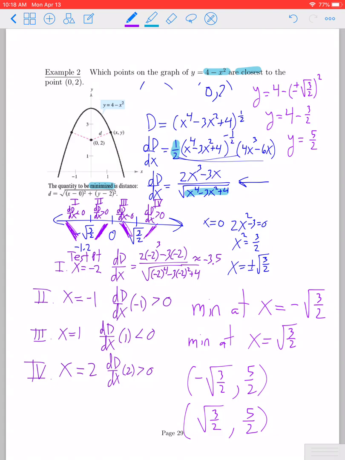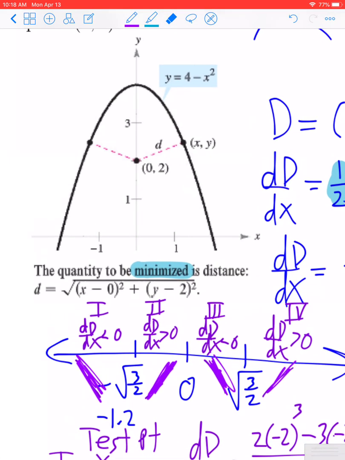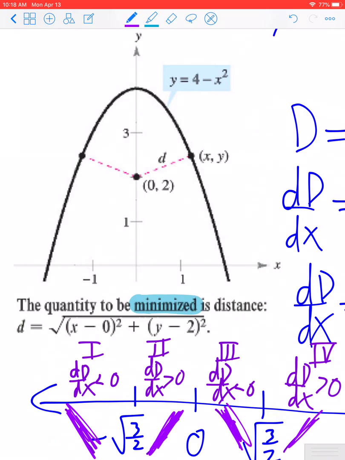It might be worth asking, what is that shortest distance? Here it just said which points on the graph are the closest, and we found them. The 2 points, and we found 2 of them, and it makes sense due to symmetry that there should be a solution here and a solution here. These are the 2 closest points to the fixed point 0, 2.